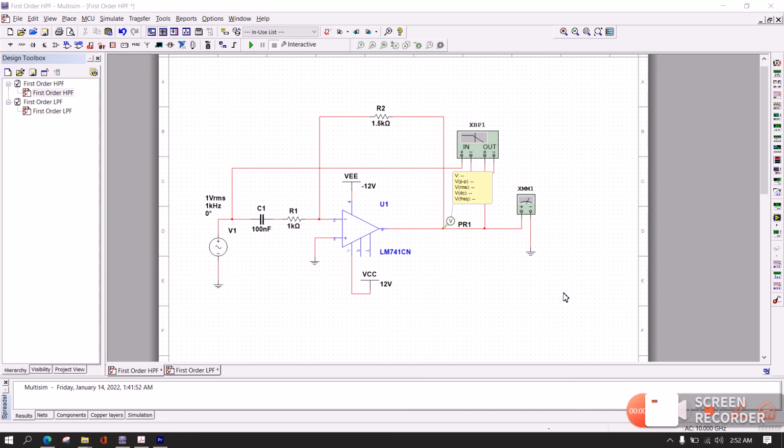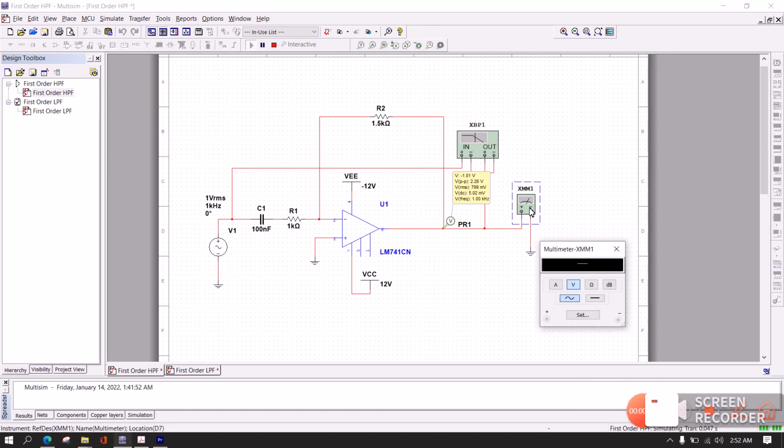As the question that is given in the lab sheet, I have to set the input frequency from 1 kHz to 10 kHz with 1 volt VRMS. The output voltage for 1 kHz input is 800.442 millivolt.